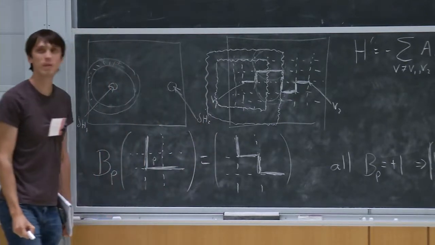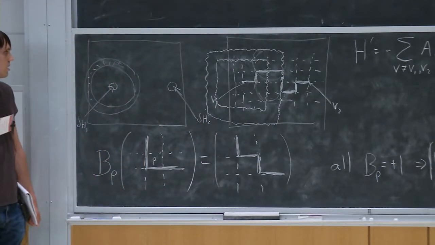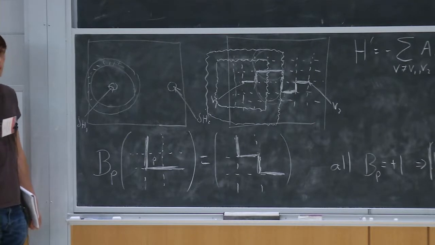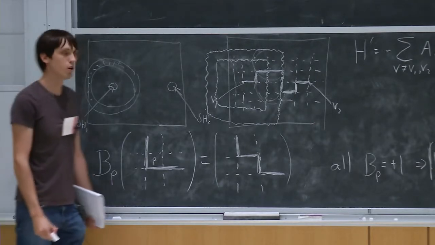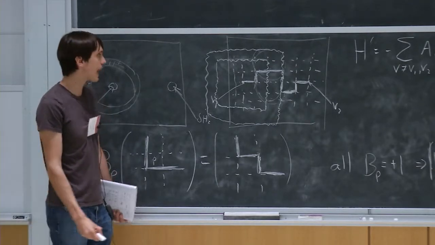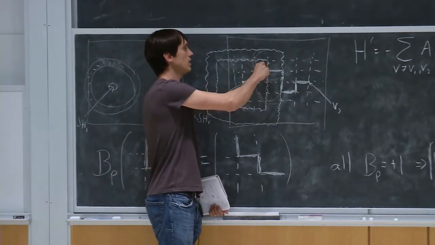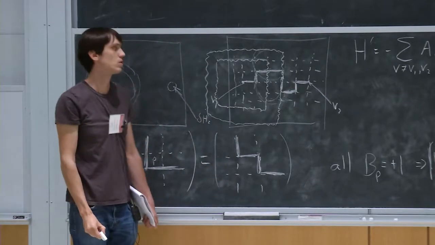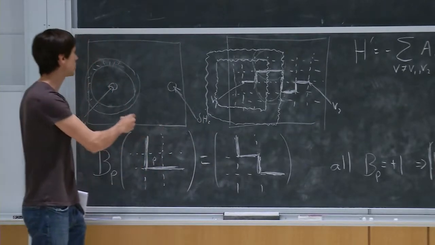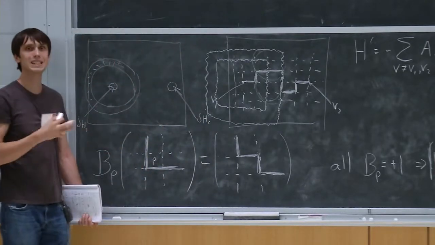If I look at the reduced density matrix on that annulus, now I will be able to tell a difference. Why? Because it's very simple. All I have to do is count the number of occupied strings crossing from the inside to the outside of the annulus.